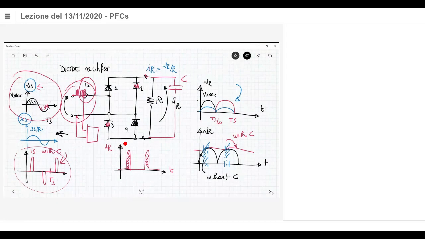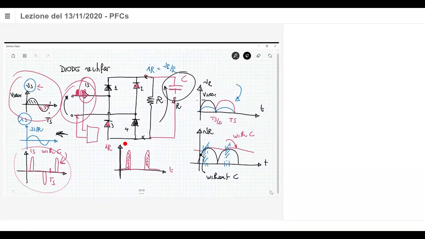So the first thing that I have to understand is that I want to avoid the presence of this capacitance, because this capacitance, in conjunction with the rectifier, of course, induces a short time interval in which the current can flow. Okay, so in order to have just a resistance as a load and a power factor which is 1, I have to skip this capacitance here.